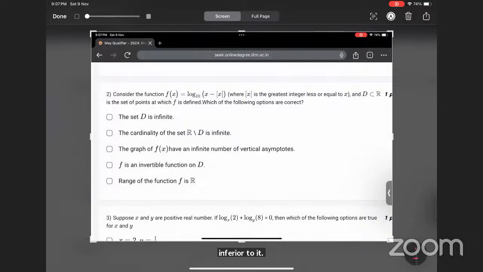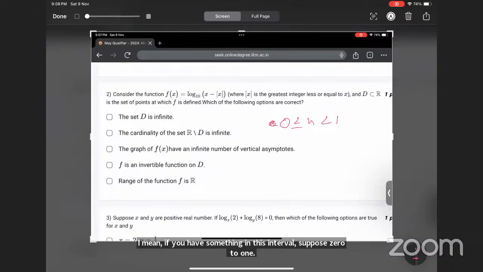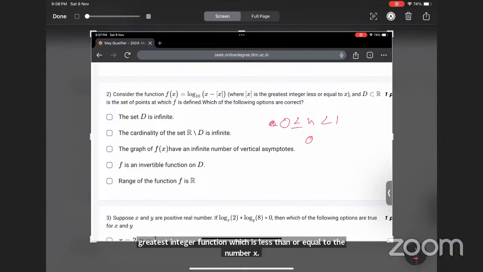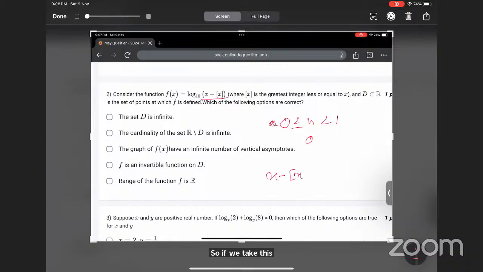If you have something in this interval, suppose 0 to 1, then you have to take the value as 0. The greatest integer function is the greatest integer which is less than or equal to the number x. So x minus [x] will always be less than 1 and greater than or equal to 0.